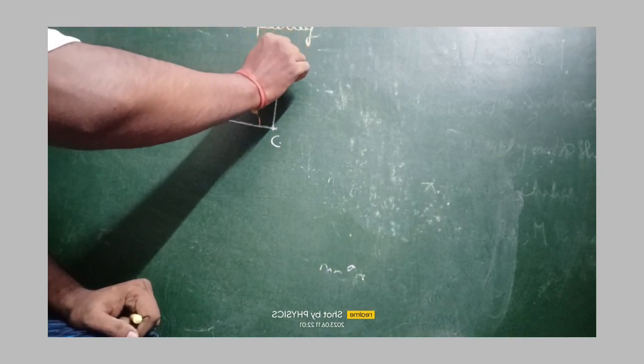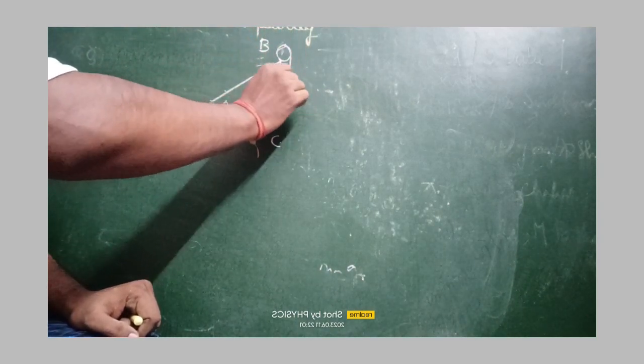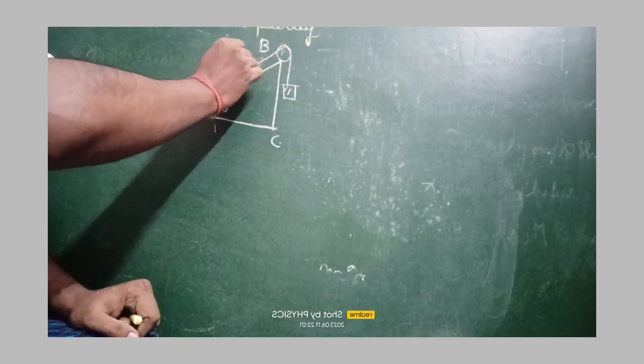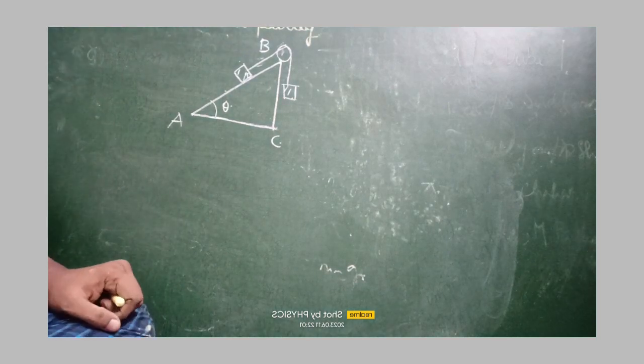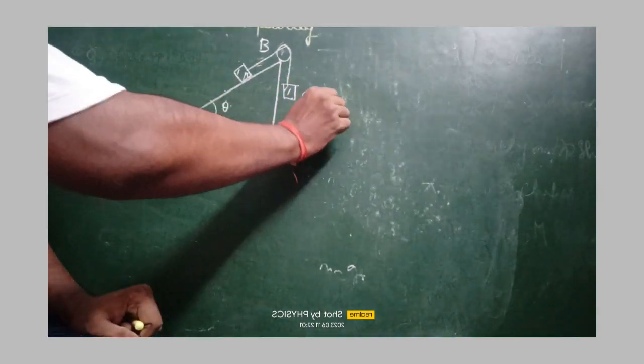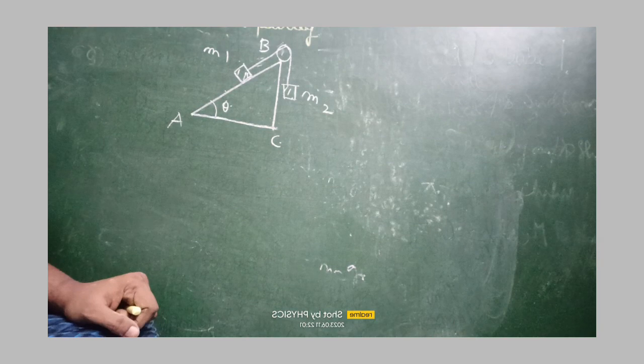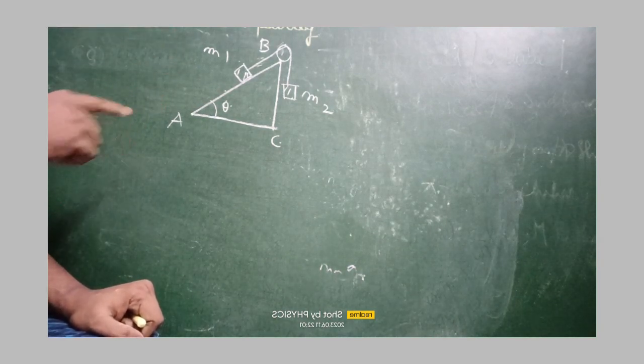There's a pulley, fixed pulley. This is a block, this is another block, right? This is M2, this is M1.